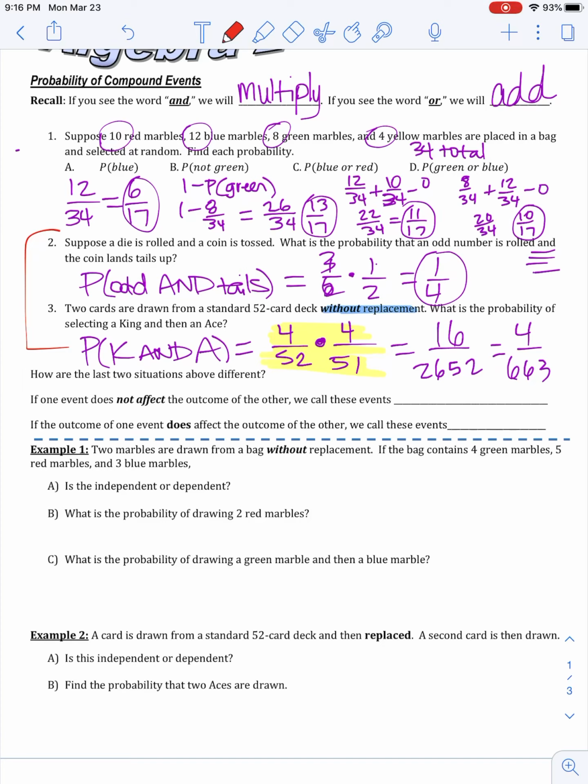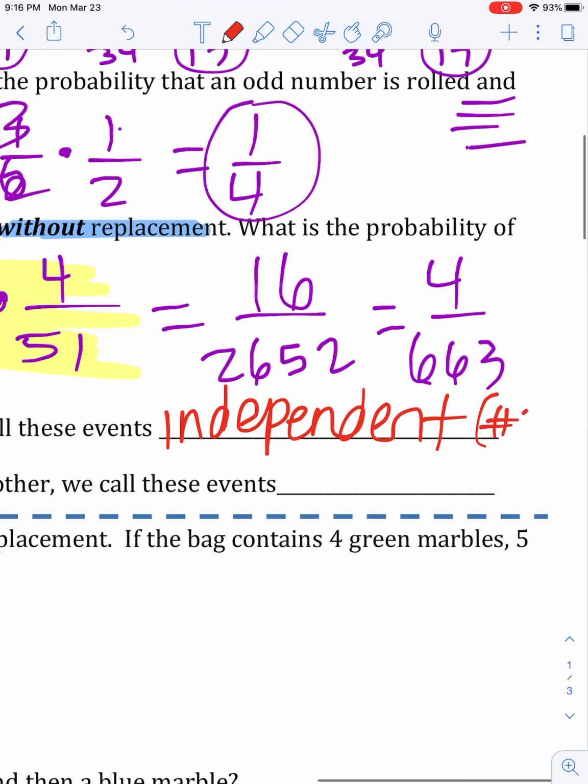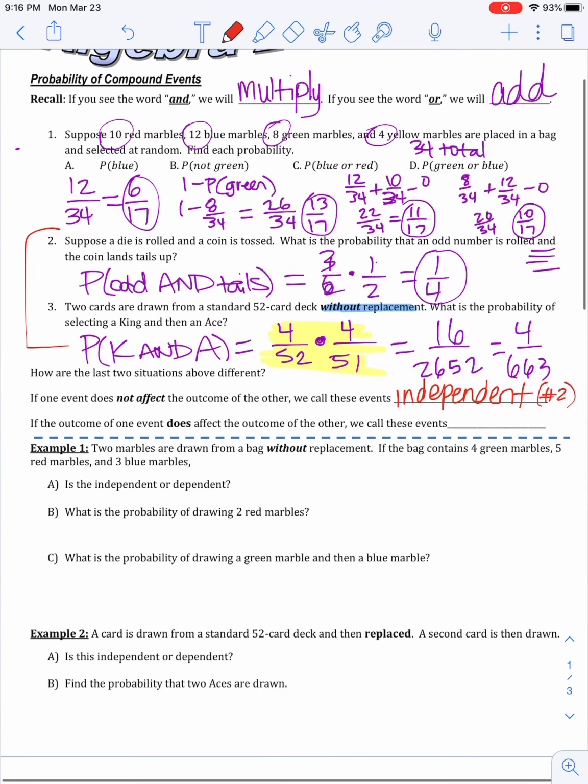Whatever the die lands on doesn't affect at all what the coin lands on. So in number 2, we call these events independent, and this is when one event does not affect the outcome of another. So I'm going to put number 2 next to it. Since rolling a die and flipping a coin, they have no effect on each other's outcomes.